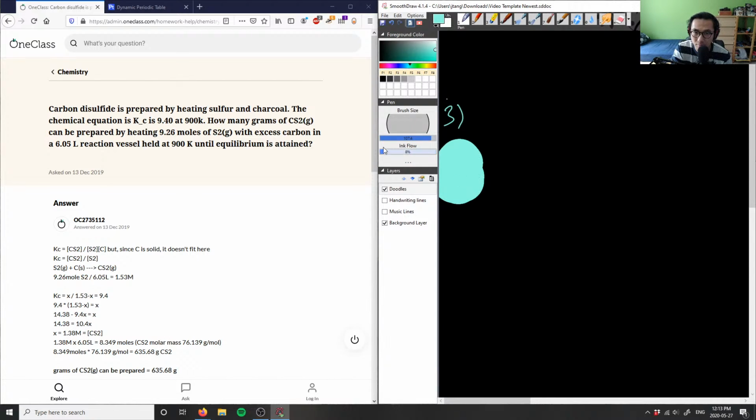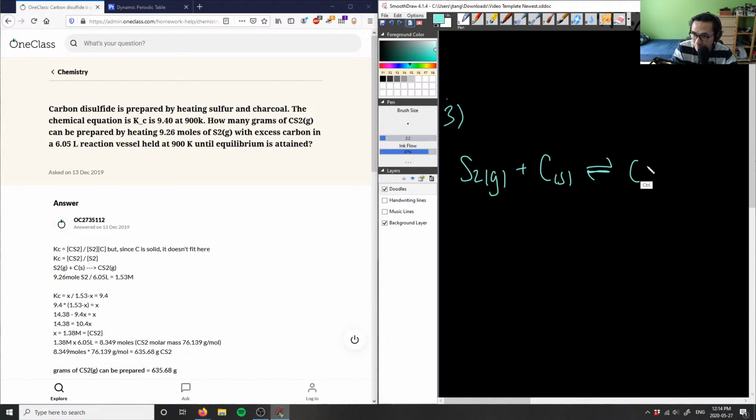S2 is in gas form, plus we have solid carbon, which is going to create, or be in equilibrium with, CS2 gas, carbon disulfide.